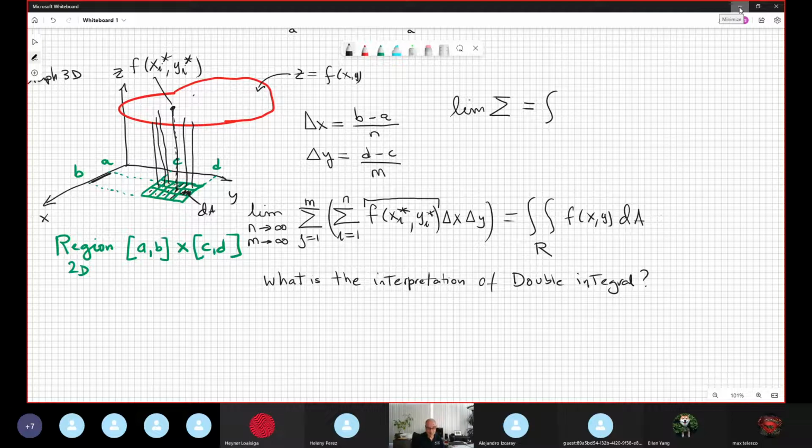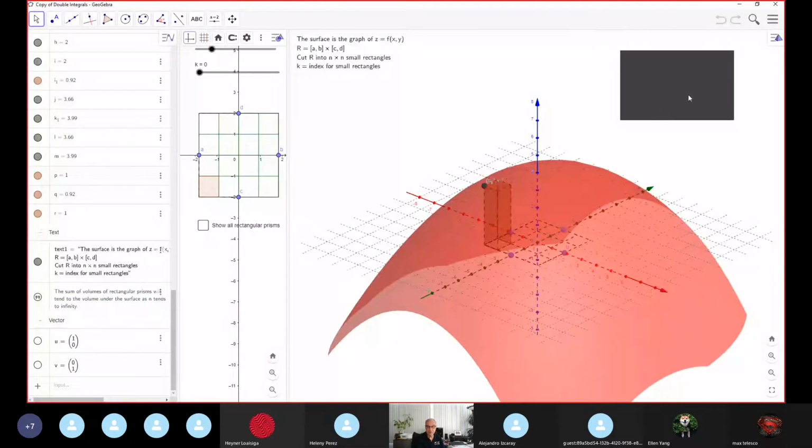Okay, let me share the screen for that part. There you go. Do you see GeoGebra? Yes or no? Yes. Looks complicated. But no, don't worry.